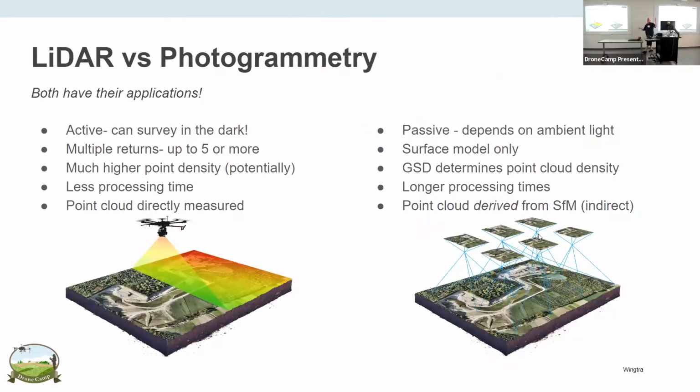So why do you use LiDAR? Why do you use photogrammetry? Which one's better? It depends. There are pros and cons to each. Definitely a pro of structure from motion and photogrammetry is that it's cheaper, it's easier. There's a lot less involved.